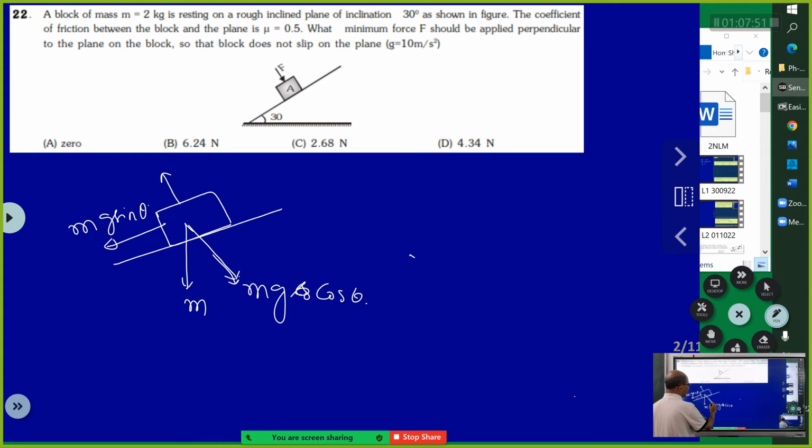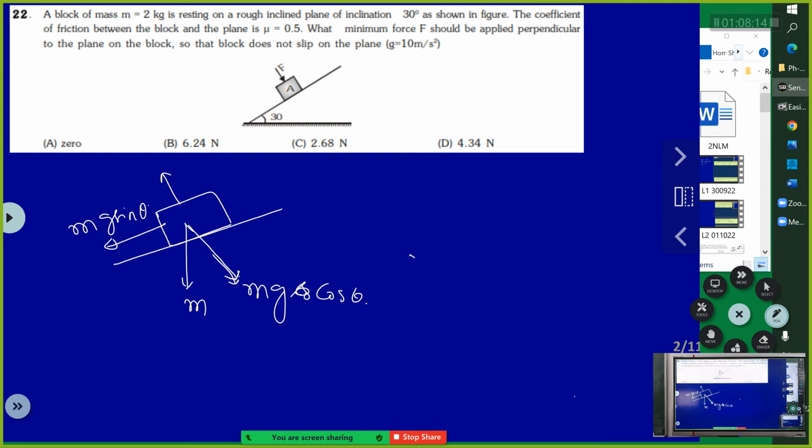Sir, can I try? Yes, try. Now we know that frictional force is given by mu s into N. So to prevent slipping, mu s N at least should be equal to mg sin theta. And we know that the normal reaction force is mg cos theta.